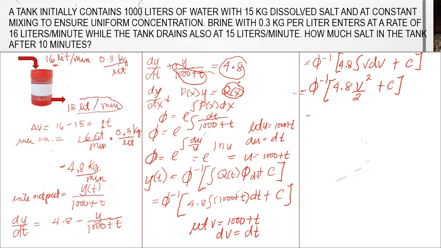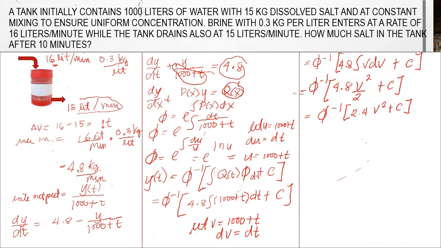So that makes it again phi inverse times 2.4 v squared plus c, and unmasking the v, it just equals 1000 plus t, the same as u, or the integrating factor.